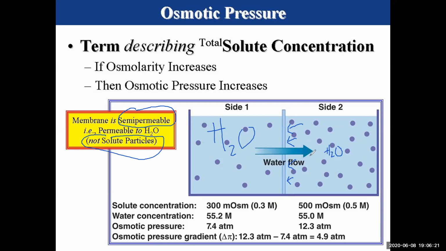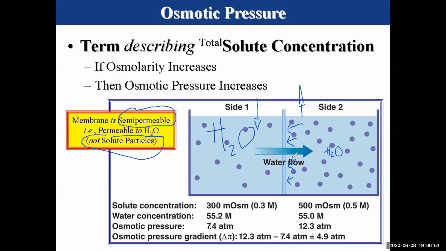So in other words, the water is trying to decrease the concentration on side 2. Ultimately, the water content on side 2 will go up and the water content on side 1 will go down, because side 1 will lose water and side 2 will gain water, to the point where the concentration on side 1 and side 2 becomes equal, and then the water flow will stop.